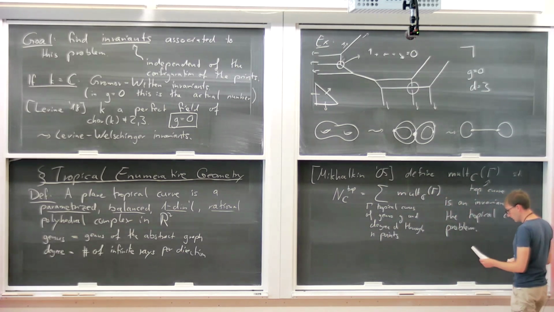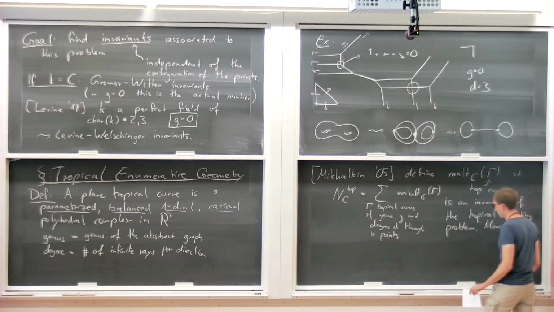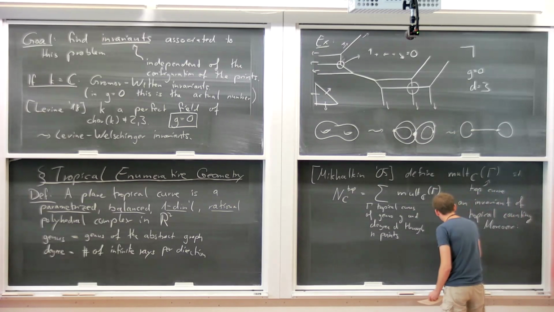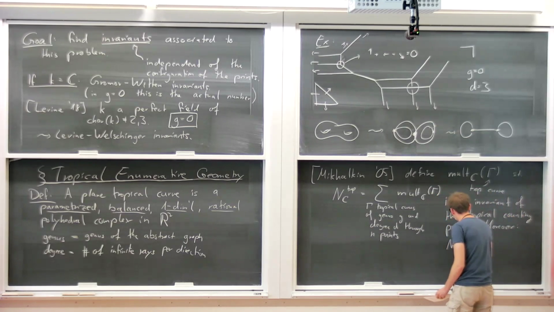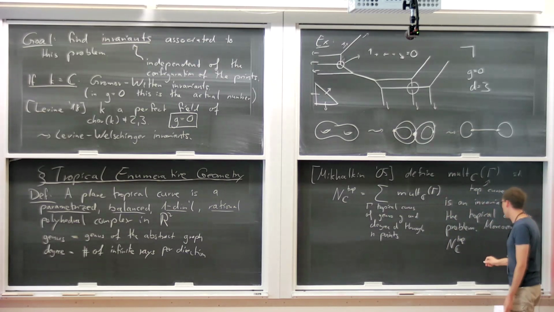And moreover, it gets even better. This purely tropical answer to a purely tropical problem is in fact the Gromov-Witten invariant.